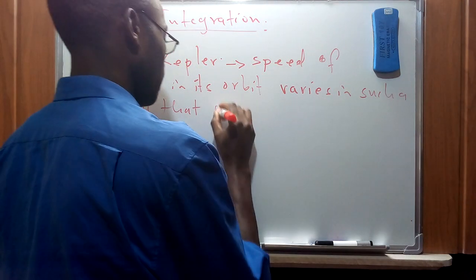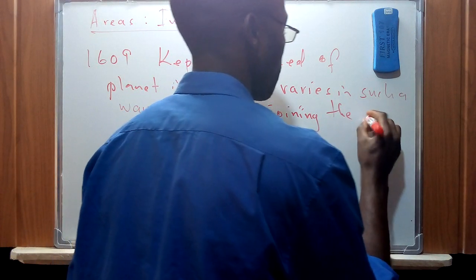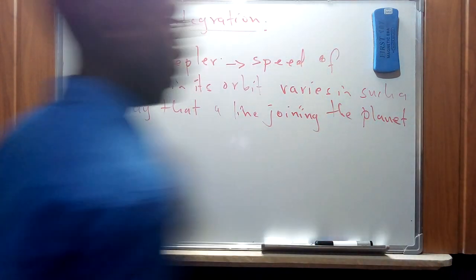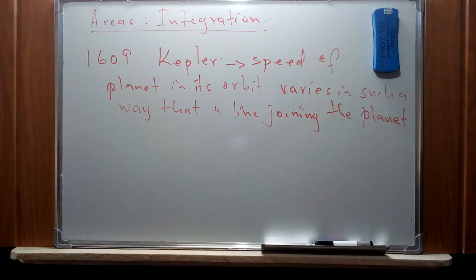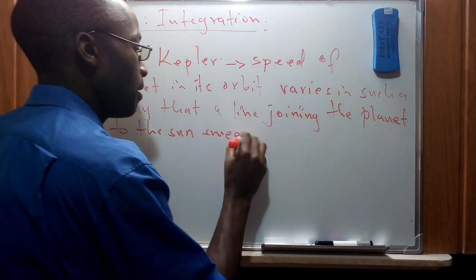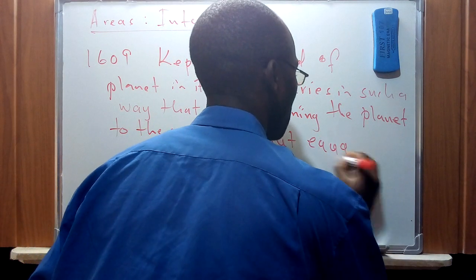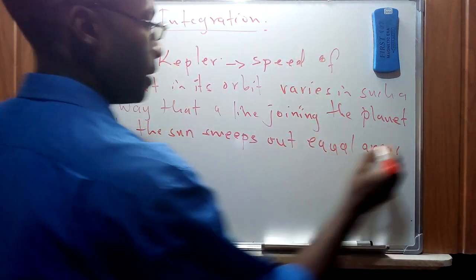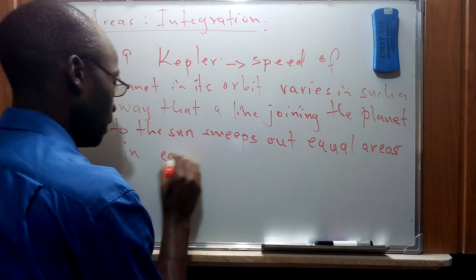Kepler's argument was that the speed of a planet in its orbit varies in such a way that a line joining the planet to the sun sweeps out equal areas in equal periods of time.